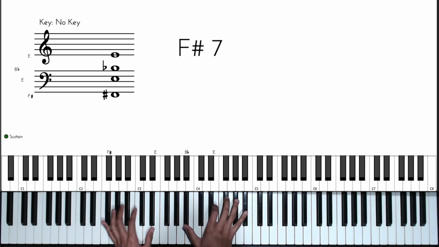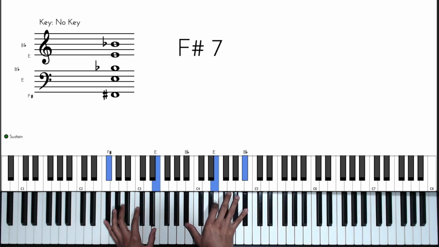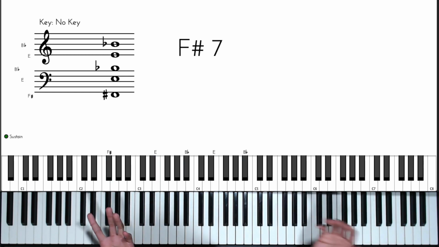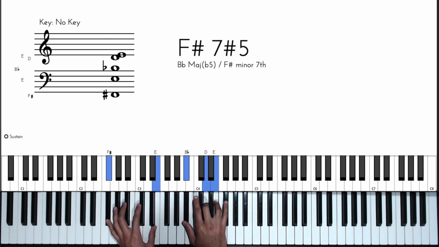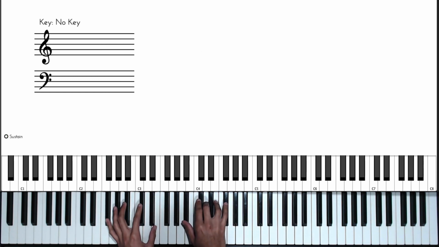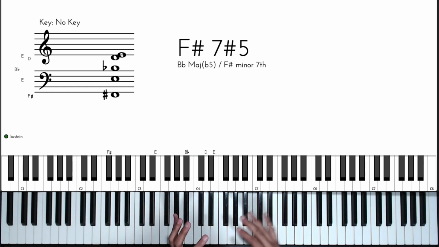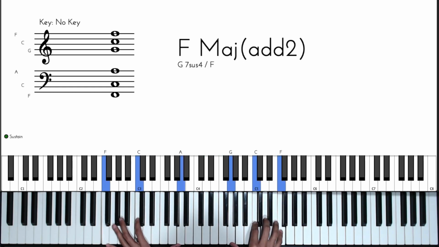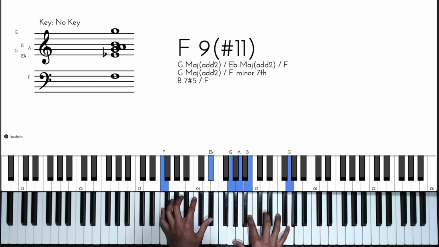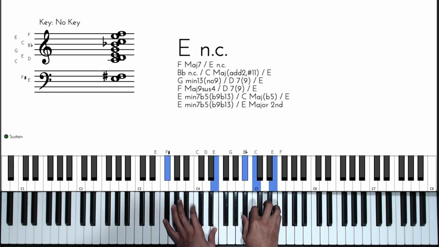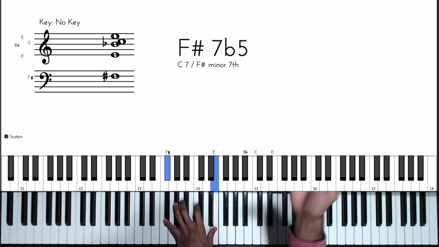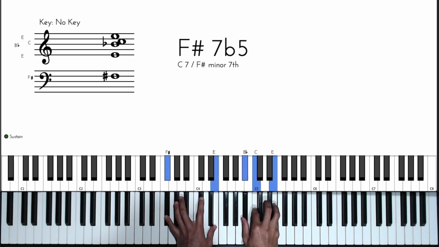And I like voicing it like this, or I like adding some alterations to it, right? Something like this, right? That sharp 5. And let's see how that meshes into the song. Right, or this flat 5. The flat 5 in this case is the C right here.